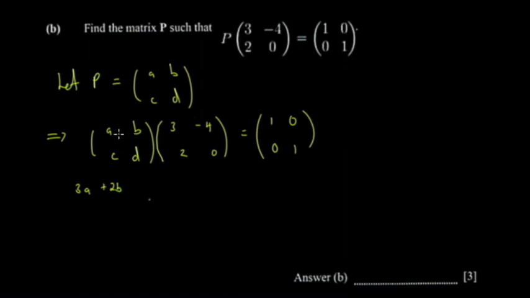This row by this column, you get -4A. This row by this column, you get 3C plus 2D. This row by this column, you get -4C. So this is equal to 1, 0, 0, 1 like this.